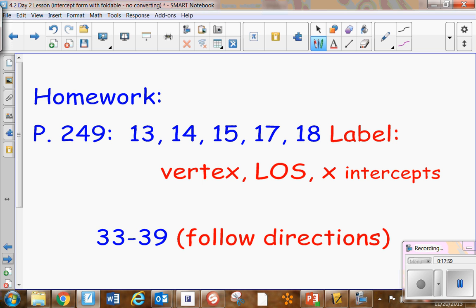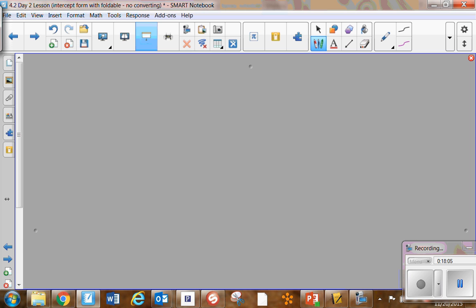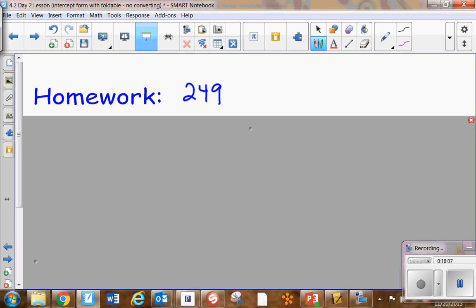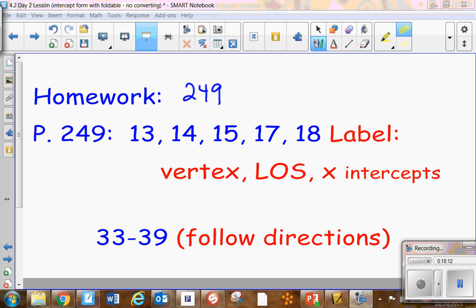So here we are, page 249. And the nice thing is, we have plenty of time. And it is a Friday, so you're almost done. So here's your assignment. I picked out problems that are not like you're graphing 12, 13 or something. So that's 6 graphs, I think.